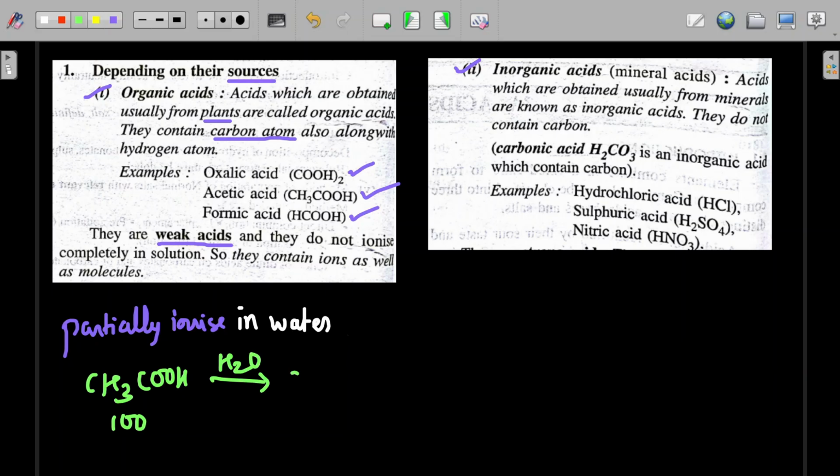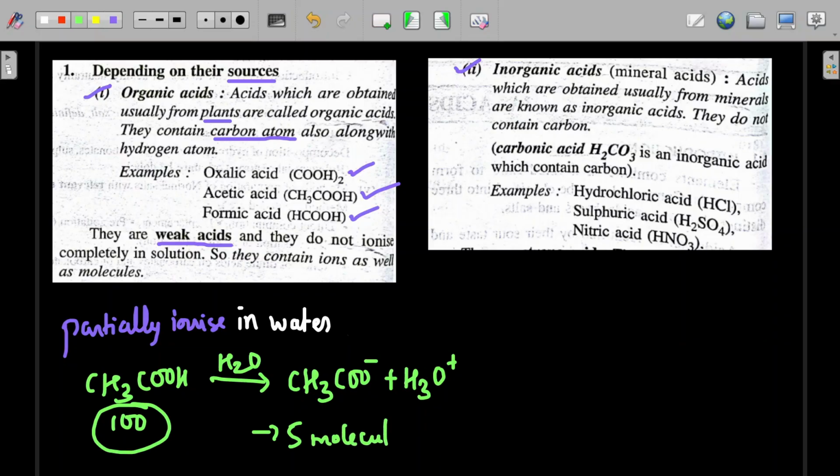What you are getting is CH3COO minus plus H3O plus. But out of 100 molecules, only 5 molecules are ionized. What about the 95 remaining molecules? They are unionized, they remain as they are. Therefore, we call acetic acid a weak acid because it is partially ionizing. You can say only 5% dissolved in it.